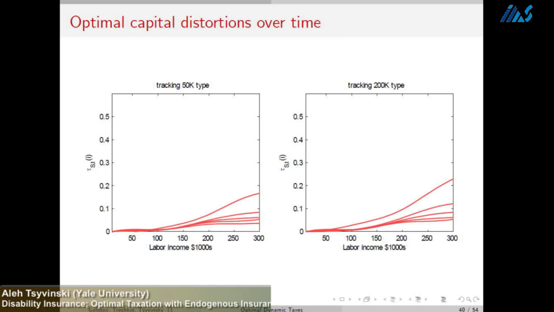I'm going to talk a little bit about this tomorrow also. If capital were also unobserved, then this whole problem would in fact change. For example, you won't have the inverse Euler equation. So this is assuming that the planner cannot observe your type, but can observe your savings. Is this realistic or not?